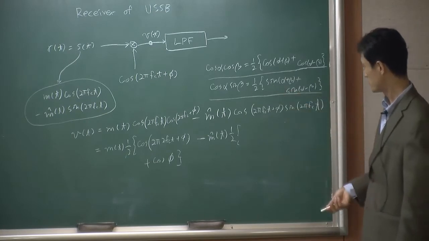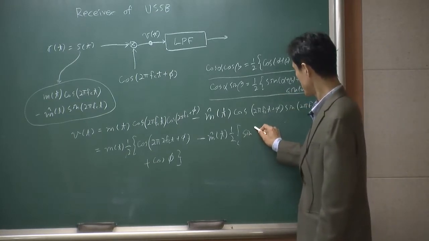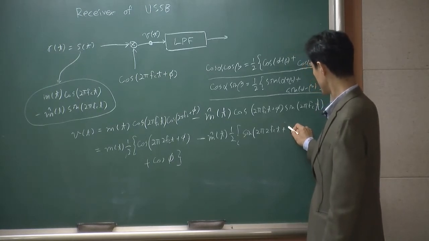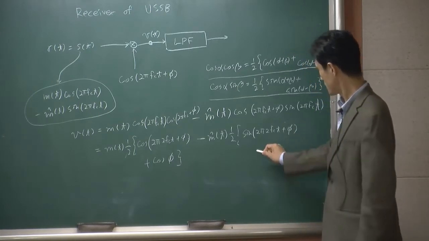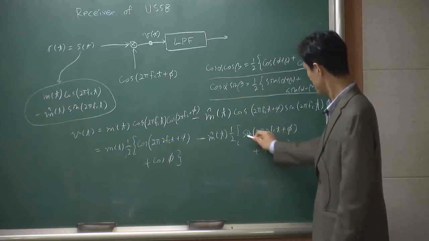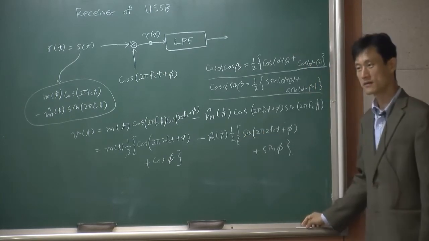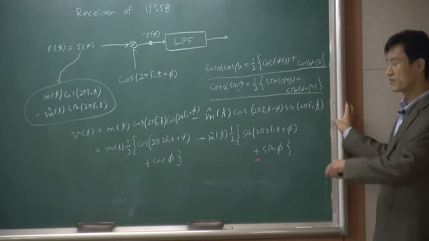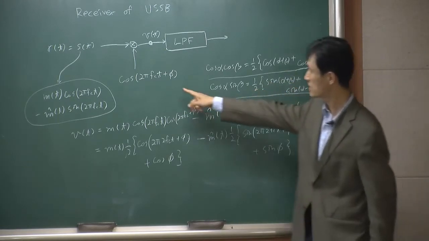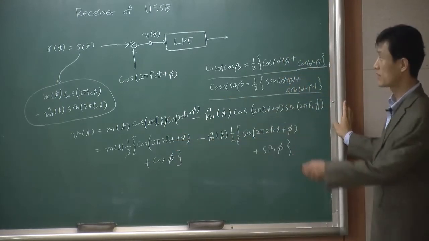For the second term, you can still use these things: sine of 2π 2fct plus φ, plus sine φ. That's your output, that's your VT. When you have a phase mismatch, that's your VT right here.